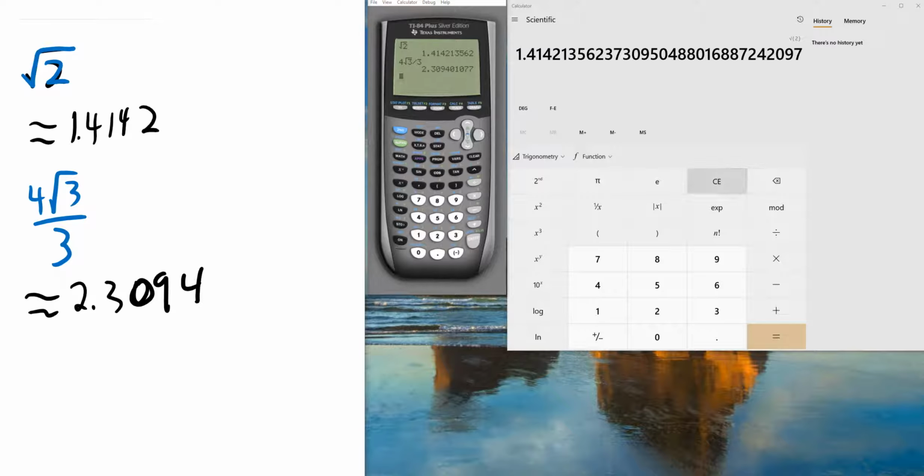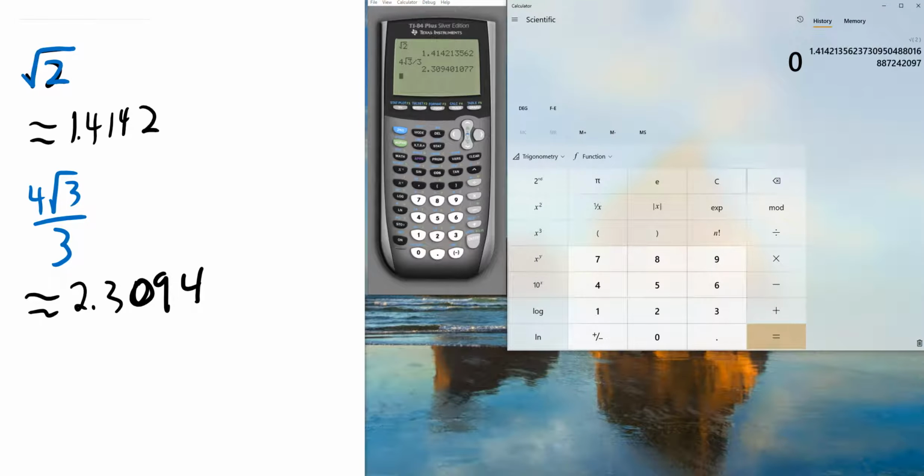Now I'm going to clear, CE for clearing, so it clears that. It keeps it on the right side for me here, but it clears it in the window for operations where it performs the calculations. So let's do this. How are we going to do this? You can first find the square root of 3. So go second square root. That's the square root of 3.